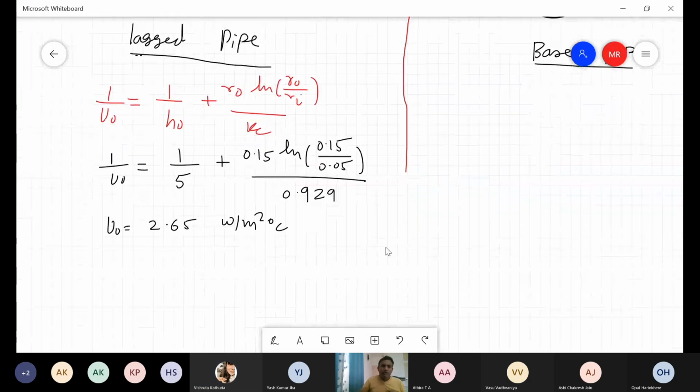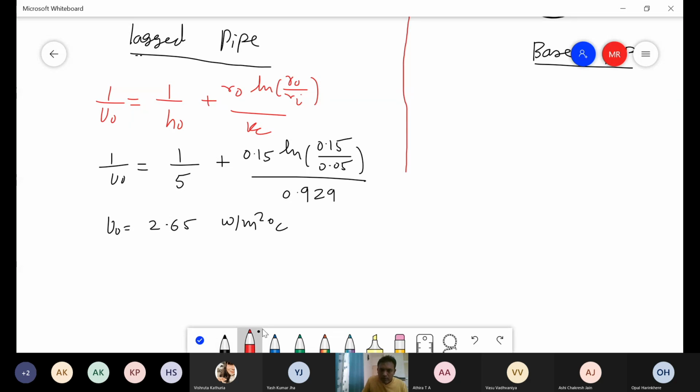Okay. So now let me just extend this line. Now U naught we have obtained, so let us calculate the heat transfer. So heat transfer Q for the lagged case is going to be what? U naught, that is the overall heat transfer coefficient based on the outer surface area, into A naught, isn't it? So A naught in this case is going to be 2 pi r L, isn't it?